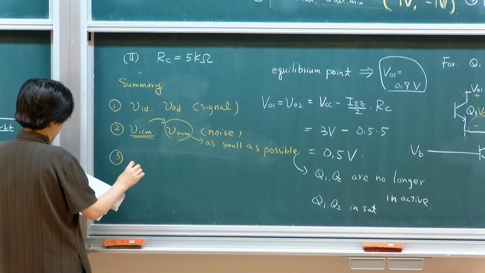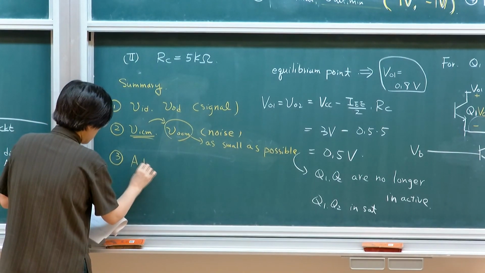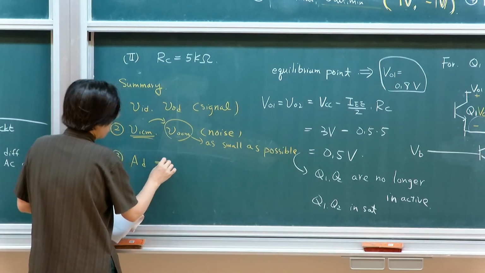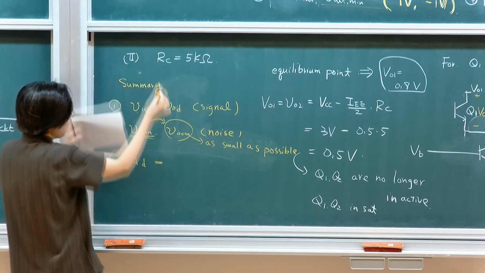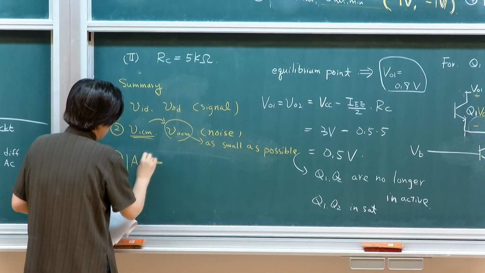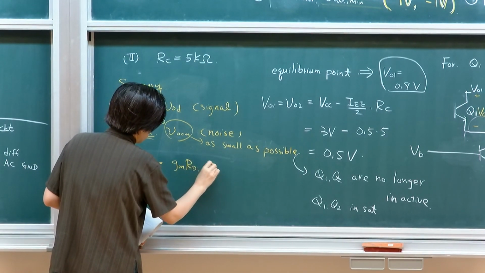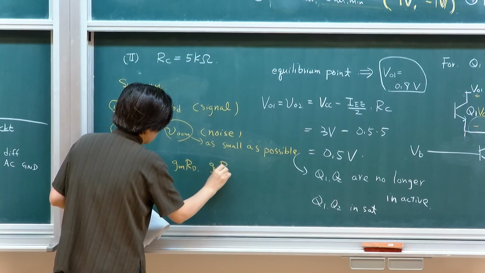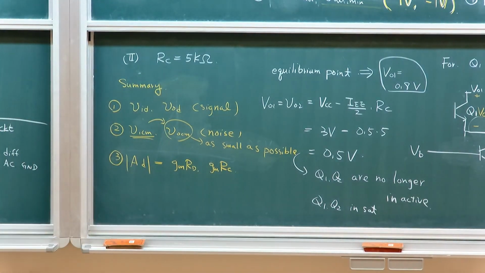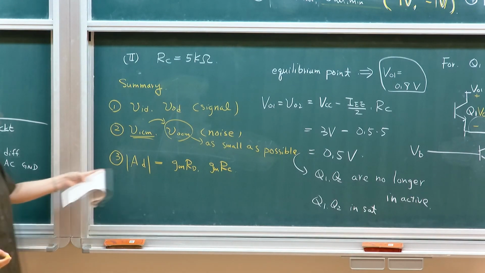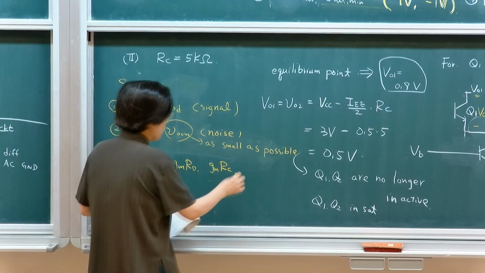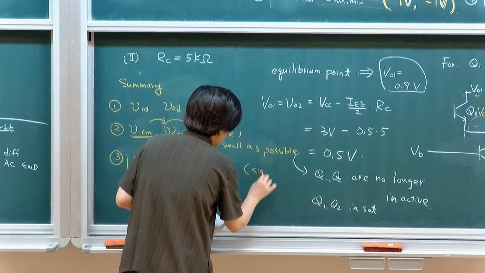So typically its differential gain is determined by the structure. If I'm using a resistive load, its gain is either GMRD or GMRC, depending on whether it's a MOSFET or bipolar version. But you still want to have significant voltage gain.